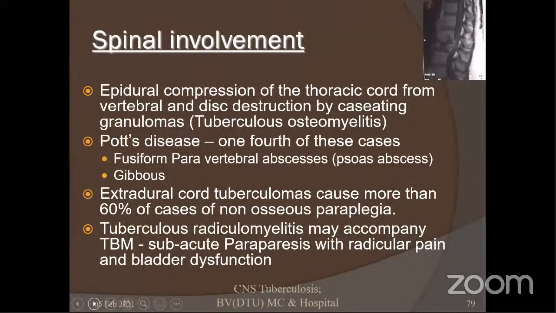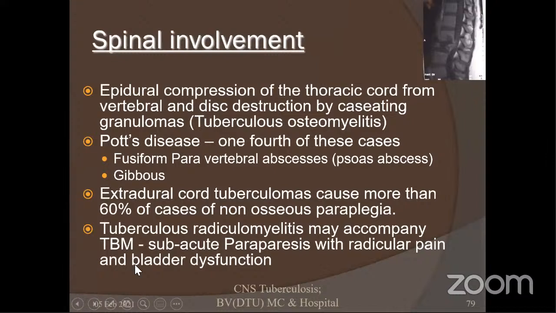The spinal involvement, as I said, epidural compression of the thoracic cord from vertebral and disc destruction by caseating granulomas is tuberculous osteomyelitis. As I said, all cases of tubercular meningitis also have involvement of meninges in the spine, but characteristically, we encounter lots of spinal tuberculosis alone, in the form of Pott's disease in one-fourth of these cases. The fusiform paravertebral abscess or psoas abscess and gibbus formation are more common.